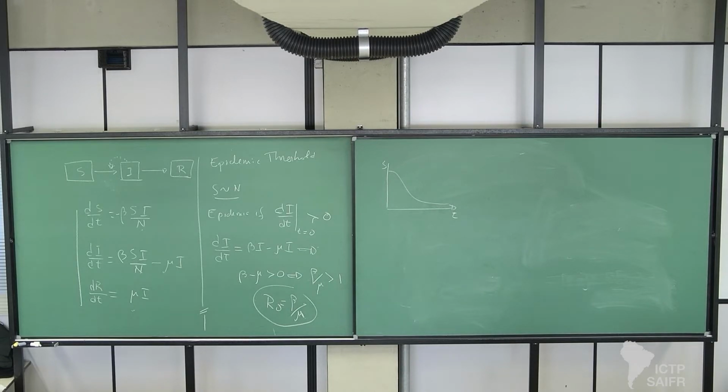You just consider that N is not the total population, it's the total population minus the number of people that have immunity. Well, you could have things like vaccination and so on, that it's different. But natural immunity is just that the population at risk is smaller than the total population. Okay.